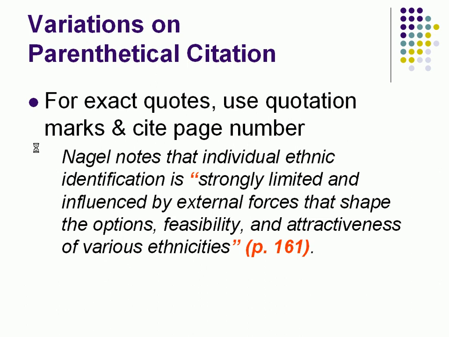So here it says, Nagel notes that the individual ethnic identification is, in red, quotation marks. This is where I'm beginning to quote exactly what Nagel has said, strongly limited and influenced and so forth, until we get to the very last line which reads, of various ethnicities.